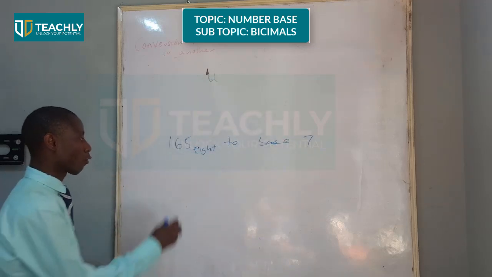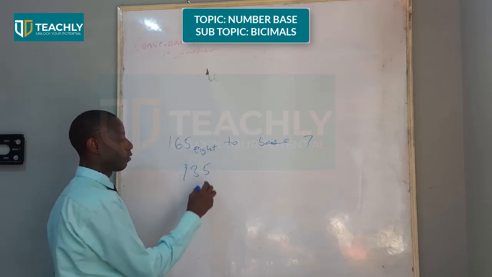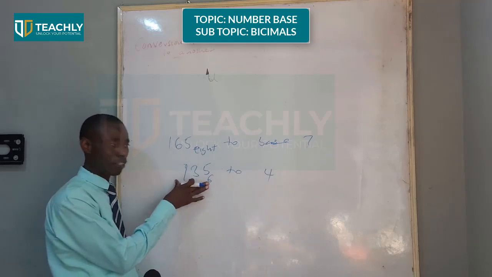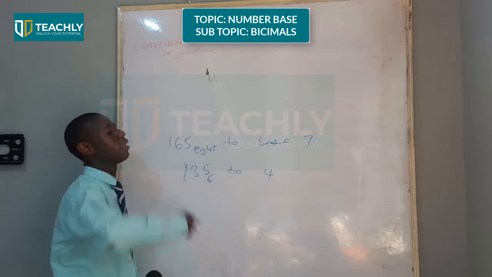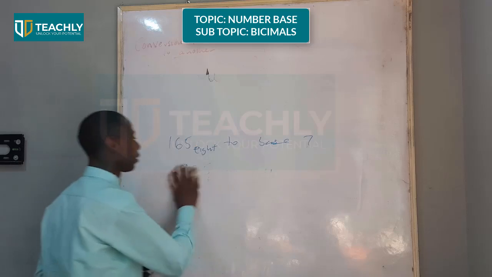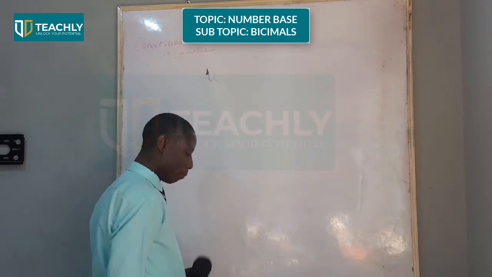Or maybe you have 16135 in base 6 to convert to base 4. You need to first convert this number in base 6 to base 10, and from there, convert to base 4. That is what we are saying. To convert, you have to first convert to base 10.